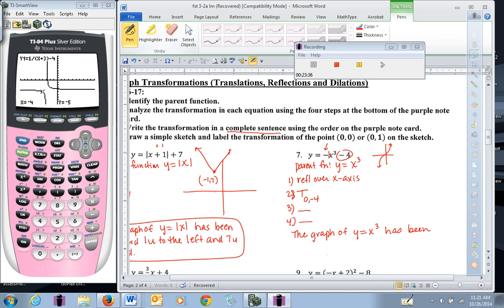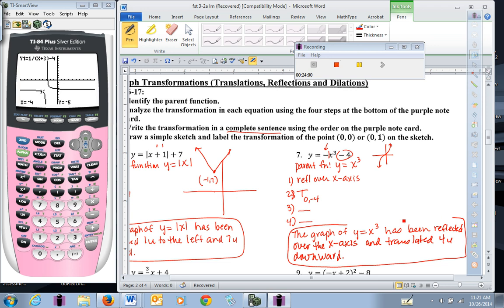We are going to say reflected over the x-axis, because that's what comes first, and translated 4 units downward. Here's our sentence, and then let's make a picture of that.